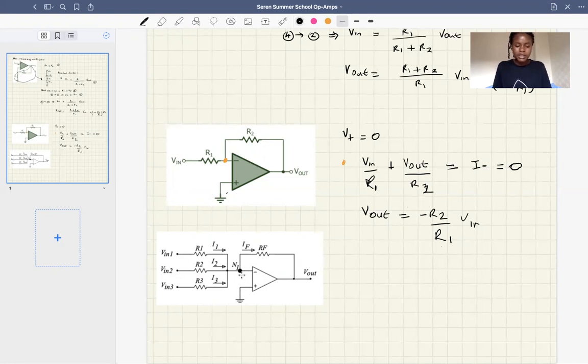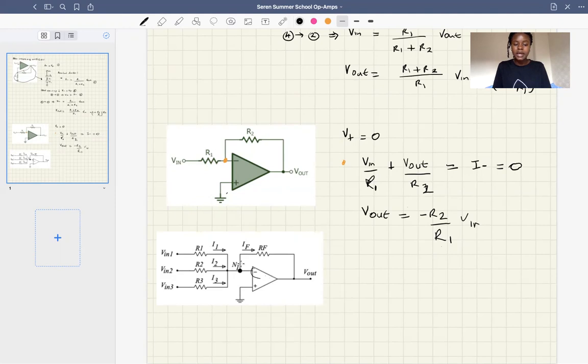So we're looking at N1 here. What does this tell us? We know that the current there should be equal to 0 because that's the condition we have for ideal amplifiers. Just as we've said here, I minus should be equal to 0.